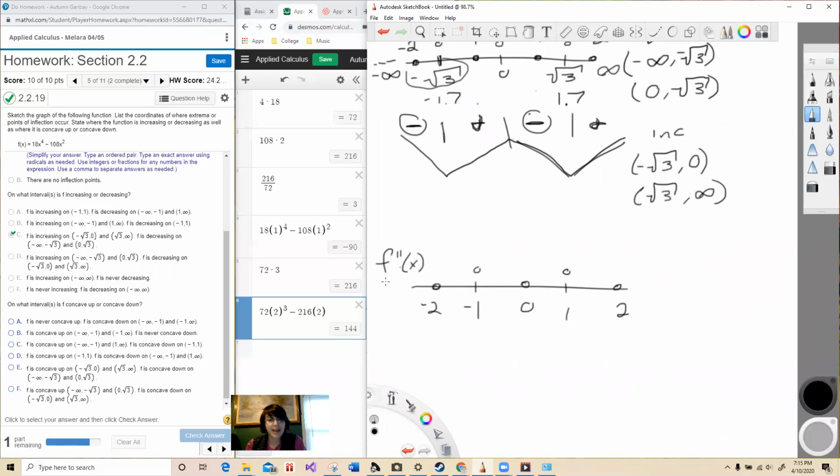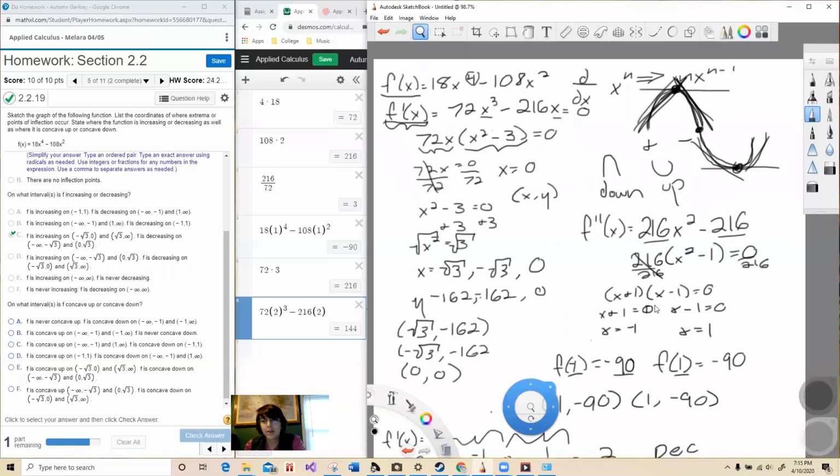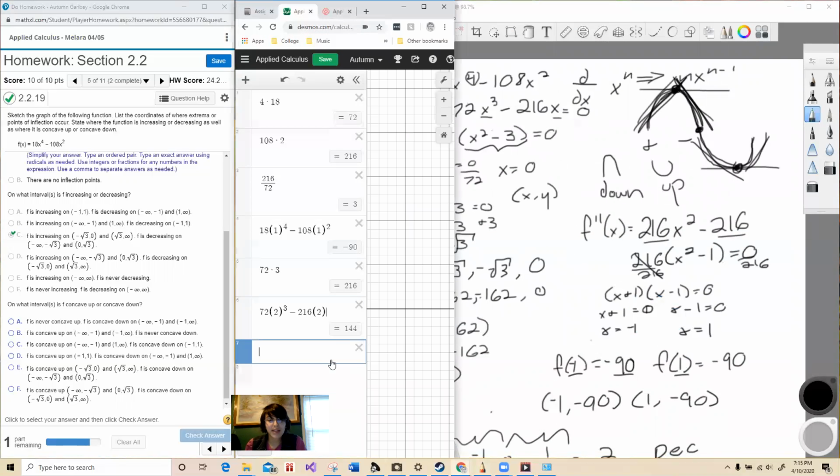And we'll be plugging those into f prime of x, which, if we scroll back up, that's 216x squared minus 216. So 216 times negative 2 squared minus 216.